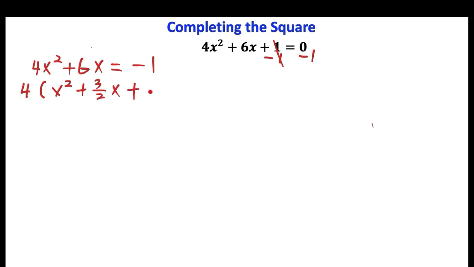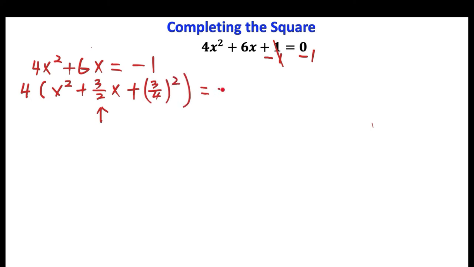Again, remember, we need to plus half of the coefficient of the second term, 3/2 divided by 2, which is 3/4. 3/4 square.